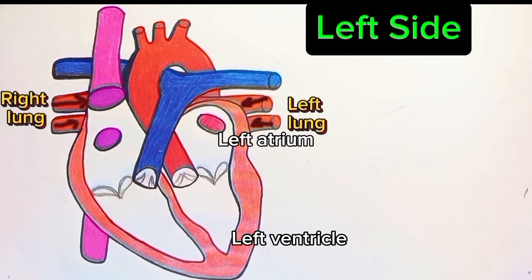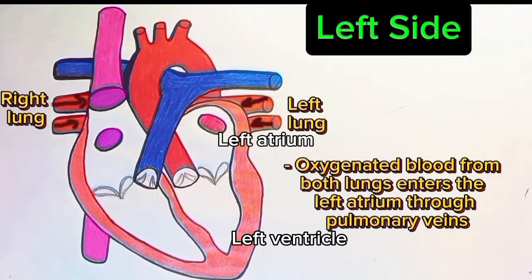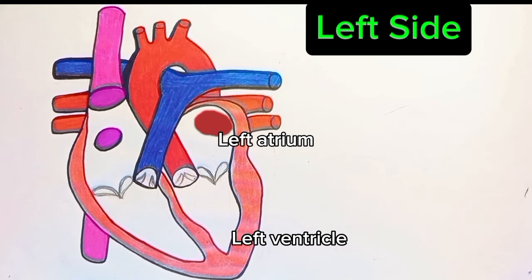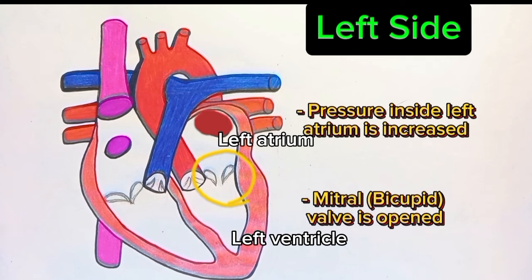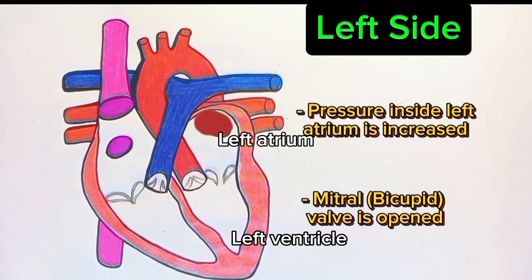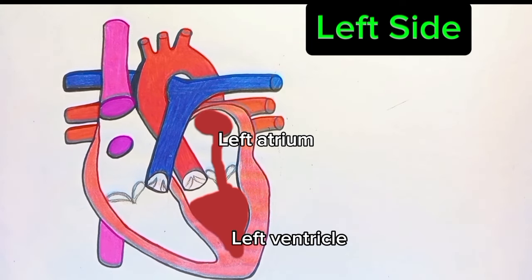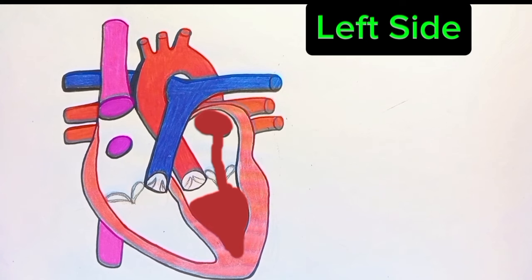The oxygenated blood from the lungs enters the left atrium through pulmonary veins. When the blood enters the left atrium, the pressure inside the left atrium is increased. This causes the opening of the mitral valve. The blood from the left atrium enters the left ventricle.